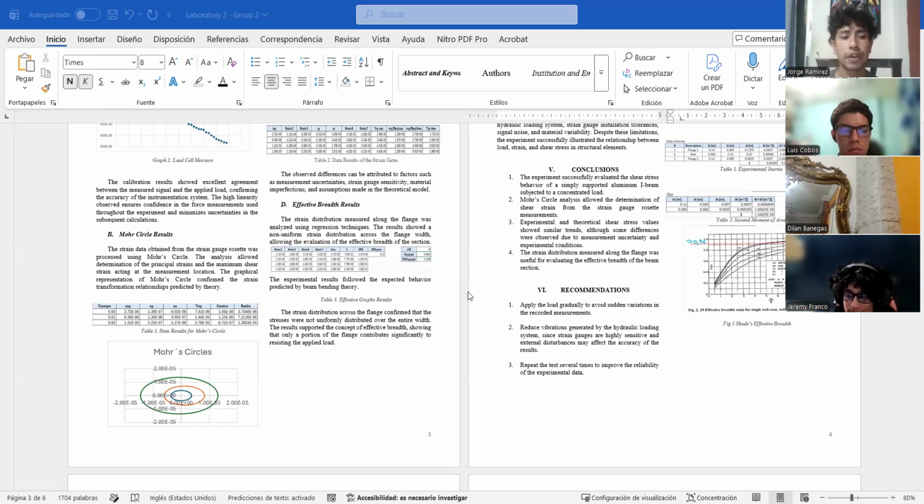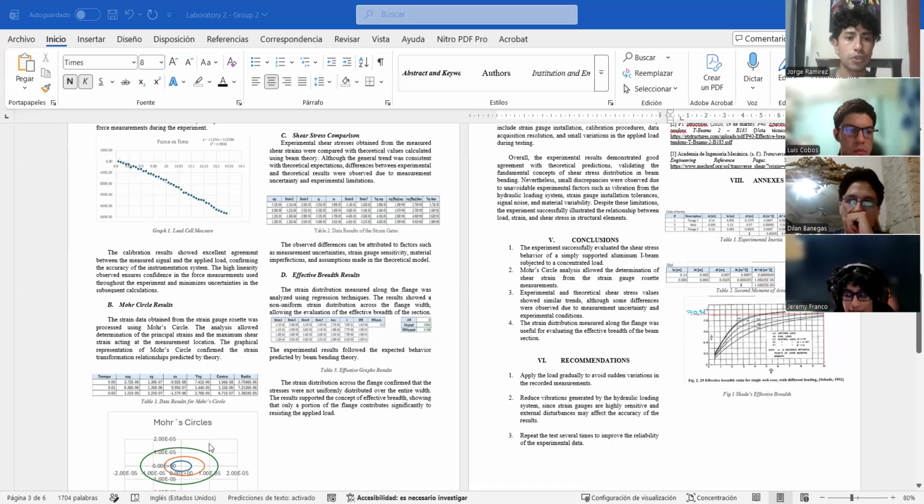When we make the Mohr circles, the analysis allows the determination of the principal strains and the maximum shear strain acting at the measured location. And as you can see, this is the graph of the Mohr circle that we obtained after the whole process.